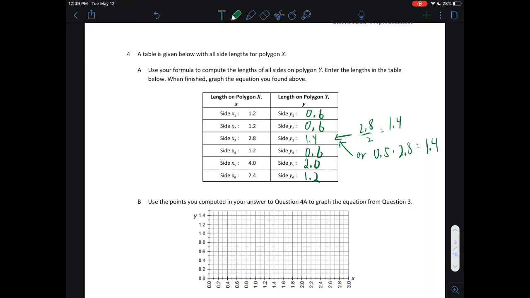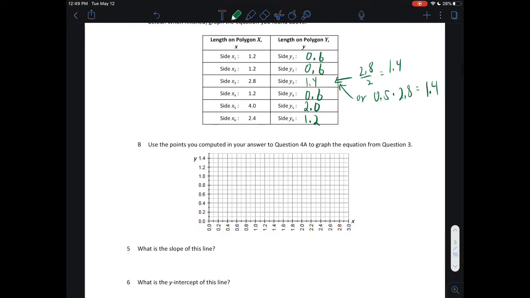Part B. Use the points you computed in your answer to question 4a to graph the equation from question 3. So here we have an x-axis, that's the horizontal axis, and a y-axis, that's the vertical axis. So now let's start with the first point. x1 was 1.2. If you look on your horizontal axis, 1.2 is almost halfway along the horizontal axis.